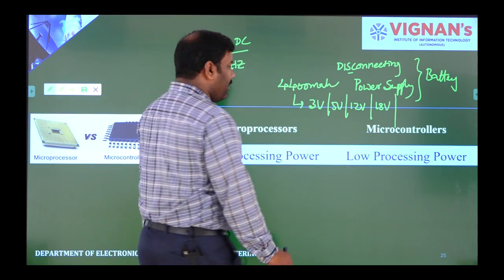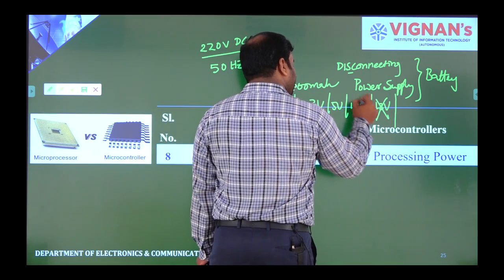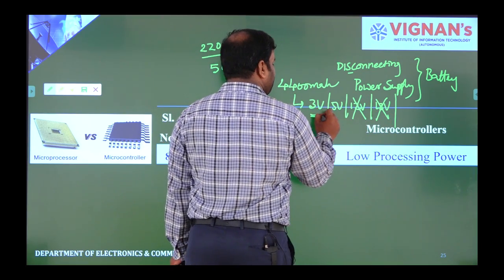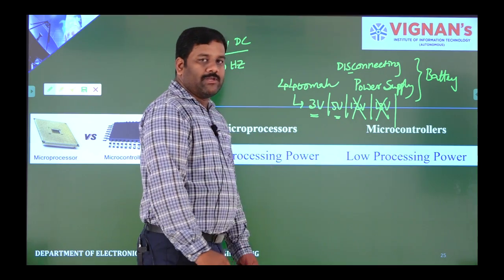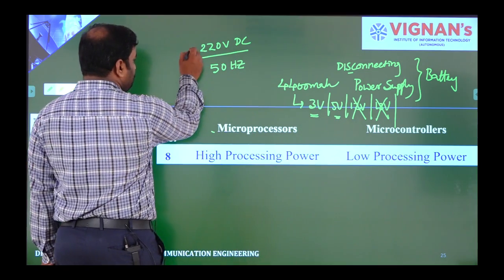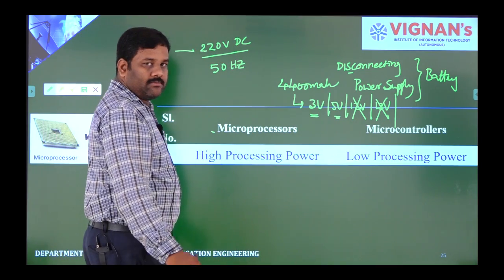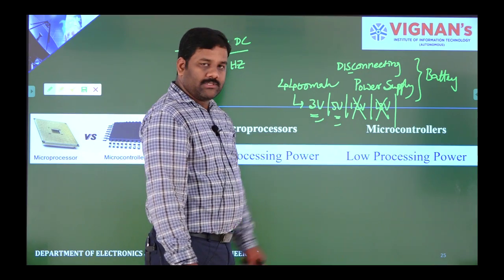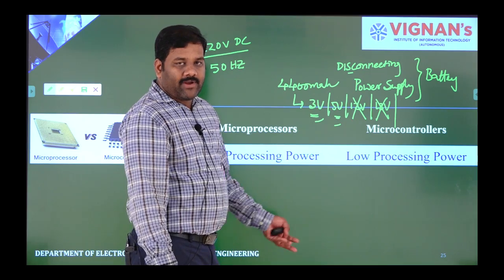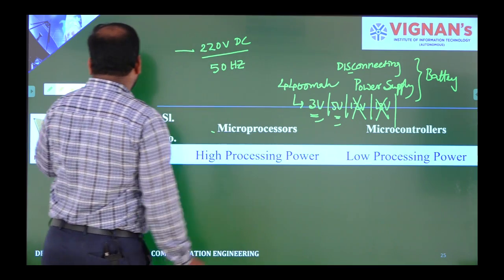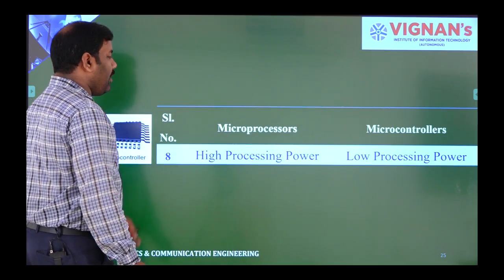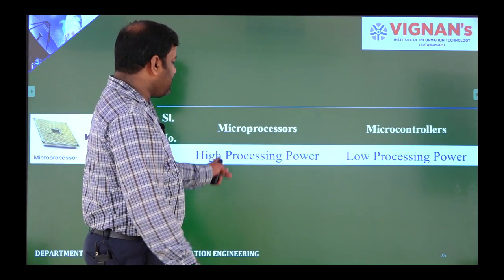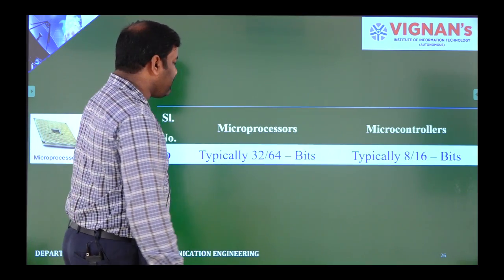But a laptop will not allow 18 or 12; it may be either 3 volts or 5 volts only. Here we are using 220 volts as supply, but here I am using only 3 volts or 5 volts from the battery. That's the reason why low processing power is required for controllers. If it is a processor, high processing power is required.